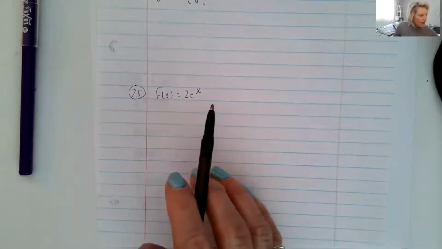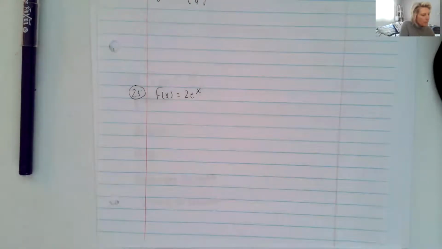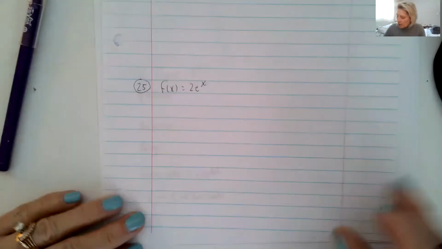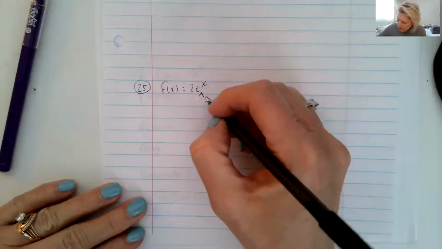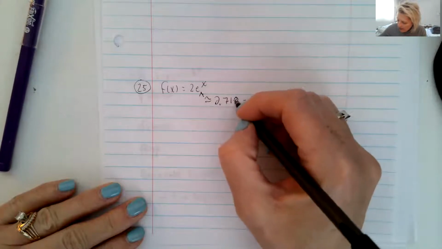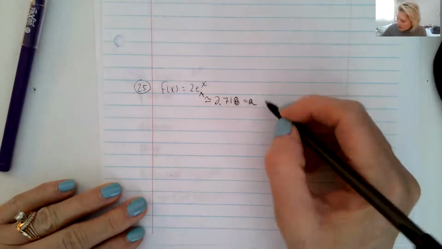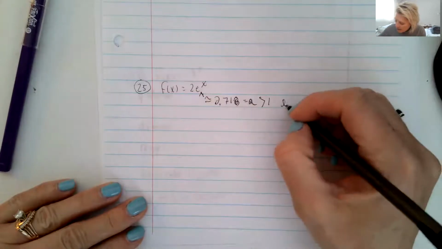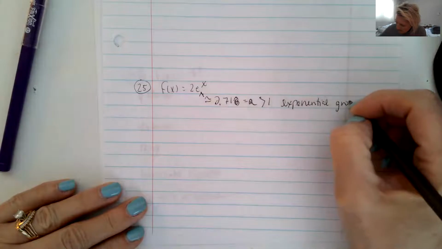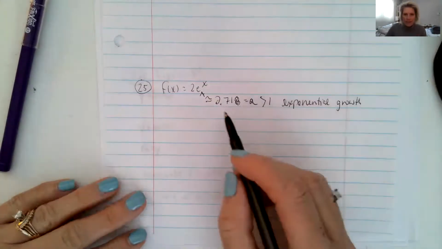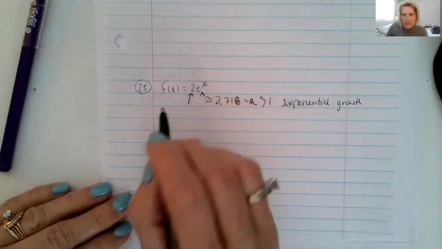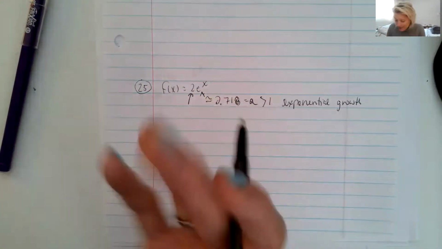So number 25, this whole section is asking us to graph. We know that this number is approximately 2.718. That's our a on this one. Because it's bigger than 1, we know it's going to be exponential growth. And this 2 out here is super fun because it's the new y-intercept.